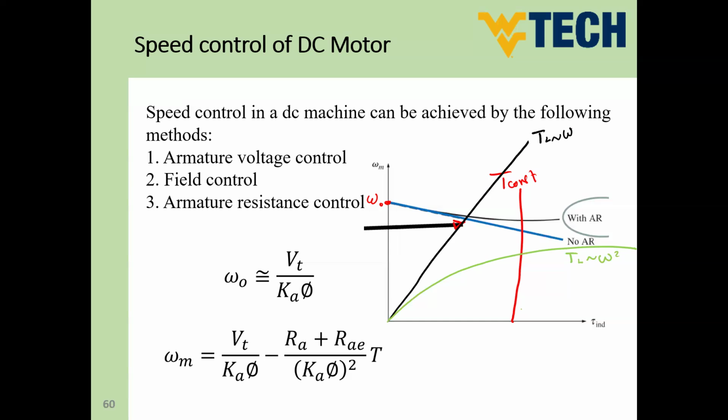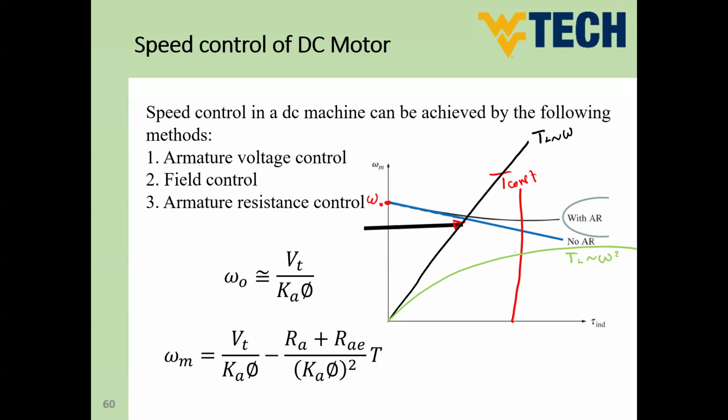So there are many functions for our torque load. The red one is called constant load torque. The black one is torque proportional to speed, and the green one is torque proportional to the square of the speed. Okay. Now, whatever the load type, it will intersect with the machine characteristic at a point.